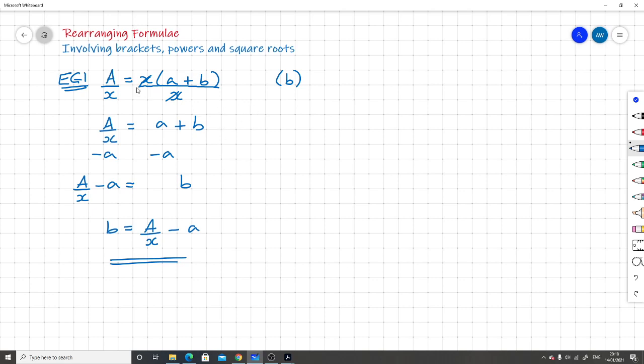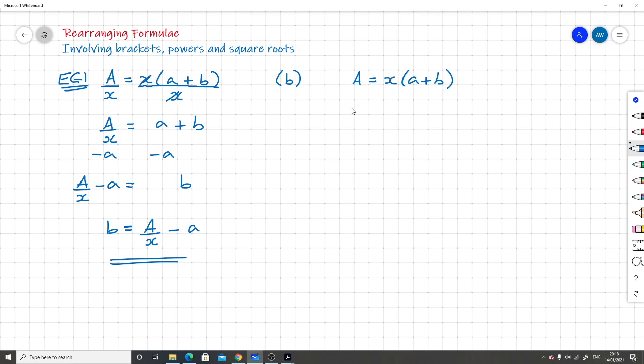The other way is to get rid of the brackets first. So if we take our formula, A equals x (a plus b), and I quite often say this, if you see brackets, get rid of them, and sometimes it does make things a lot easier, but in this case that was quite easy to get rid of the x first.